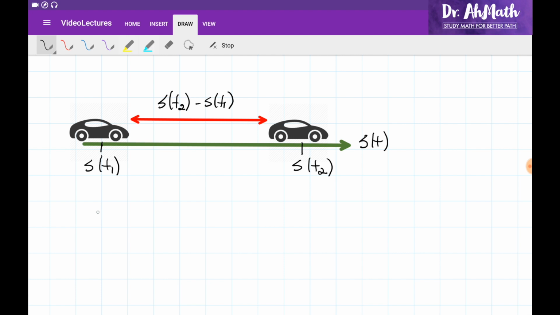In order to do this, we need to divide the difference of the distance, the distance we pass through with this car, by the difference of the time. So this is going to be the rate of change of the distance with respect to the time between t1 and t2. Sometimes it is interesting for us to know the instant rate of change of the distance with respect to the time.